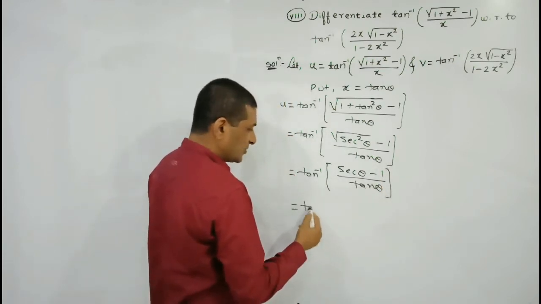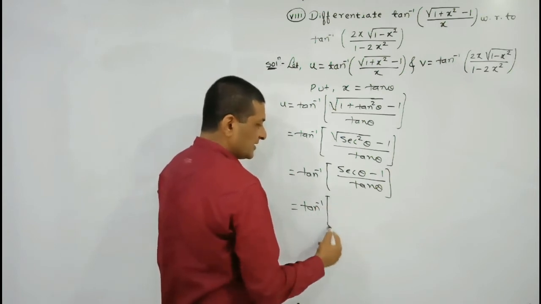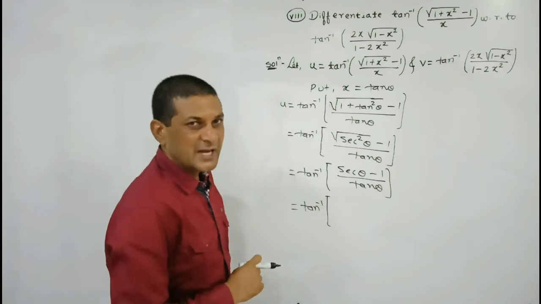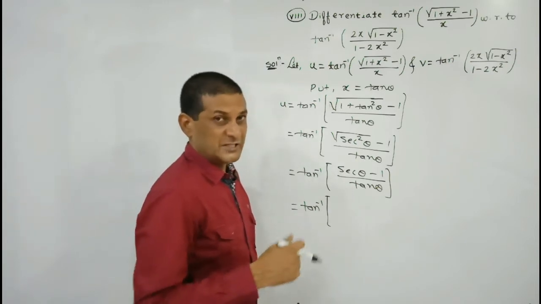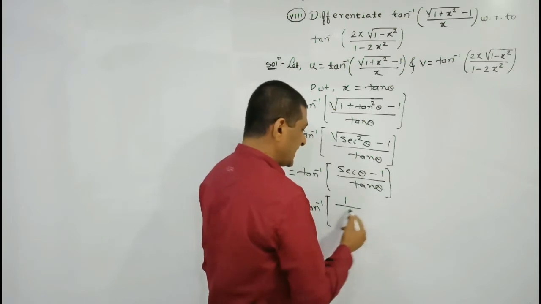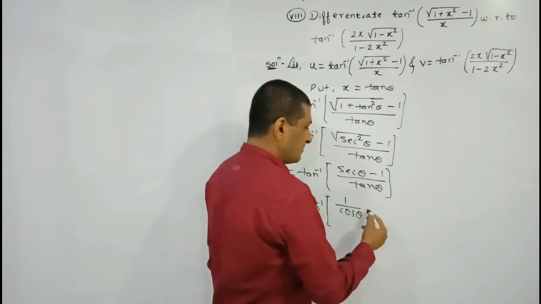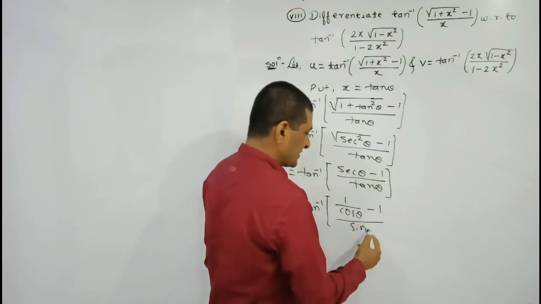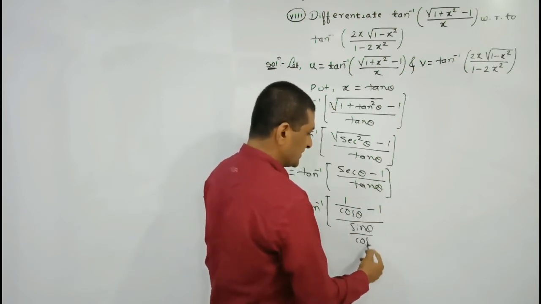Now I am trying to convert it in terms of sine and cos, so that easily we are able to use our formulas, double angle, triple angle, half angle. So this sec can be written as 1 upon cos theta, minus 1, keep it as it is. In the same way tan can be replaced by sin theta upon cos theta, isn't it?